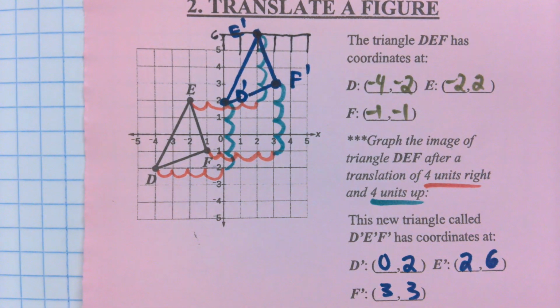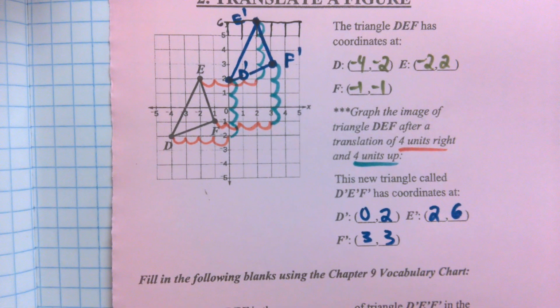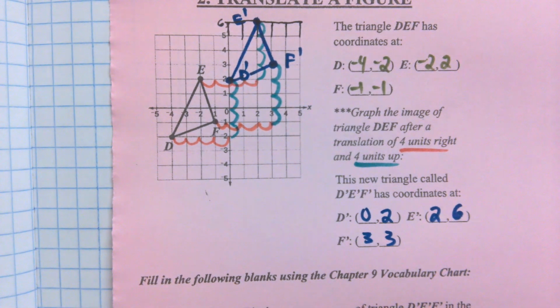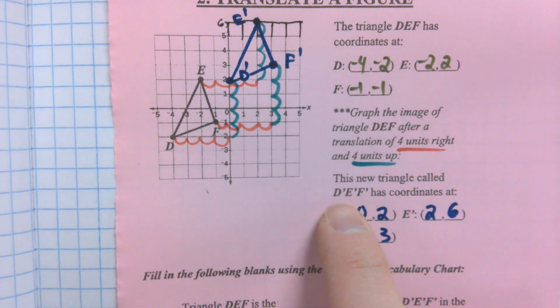And I've got my image triangle that we call what? What do we call this triangle? It's the image, but what's the name of this triangle? If our pre-image is DEF, what's this triangle called? DEF prime would be the easy way to say it, but it's called D prime, E prime, F prime.